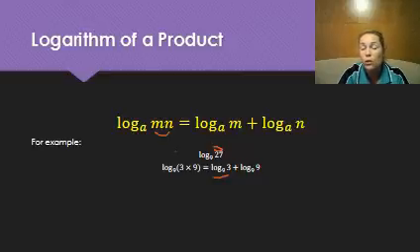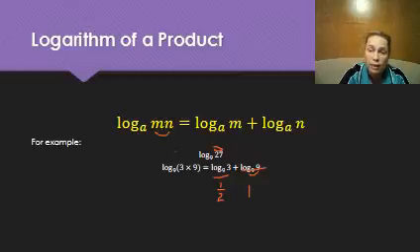So the log of 3 to base 9 is a half. Then we add that to the log of 9 to base 9. This is one of our special rules, so that becomes 1. Hence, the log of 27 to the base 9 is equal to 1.5.